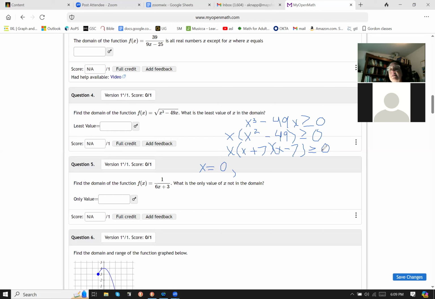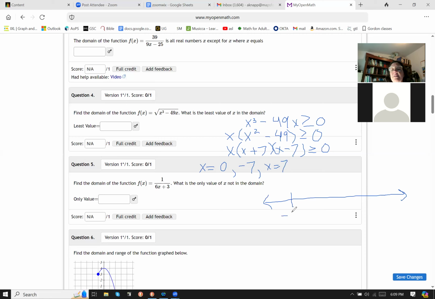If we put x plus 7 equal to 0, we would subtract 7 from both sides, and we would get x equals negative 7. And when we set x minus 7 equal to 0, we would add 7 to both sides, giving us x is equal to 7. So those are our three critical numbers. When we pretended like it was equal to, it gave us our division points.